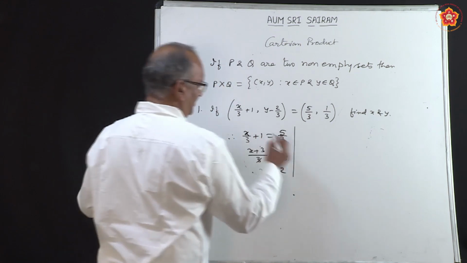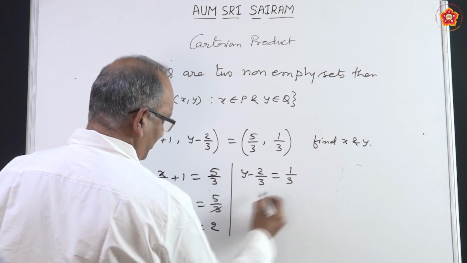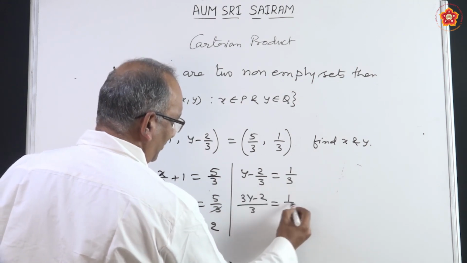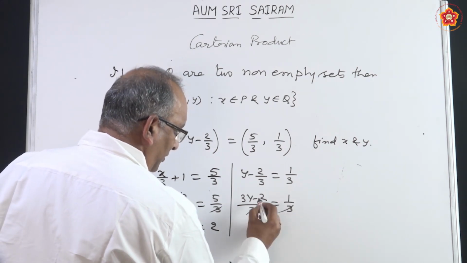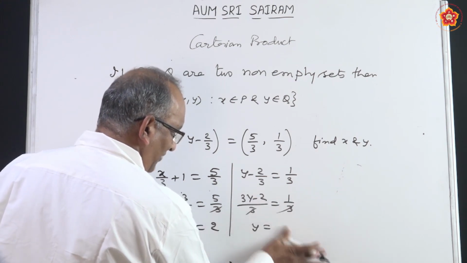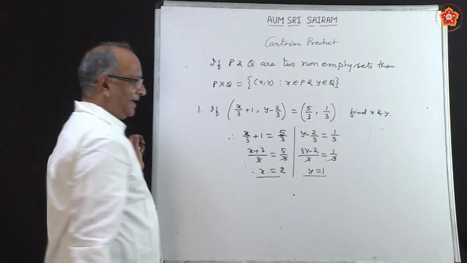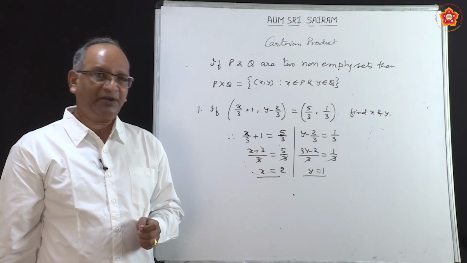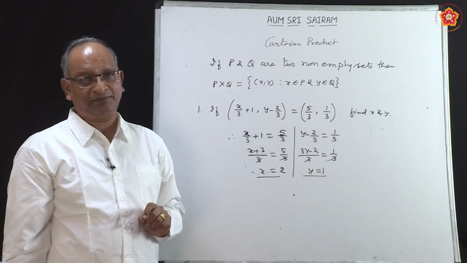In the same manner, we can say y minus 2 by 3 equal to 1 by 3, cancel 3, you get 3y minus 2 equal to 1, 3y equal to 3, so you will get y equal to 1. So these are the values, x equal to 2 and y equal to 1. How did you get? He has given that two elements are equal.